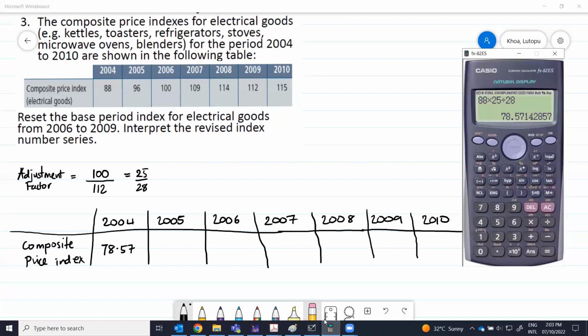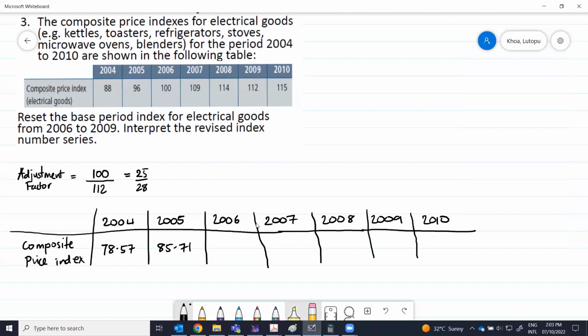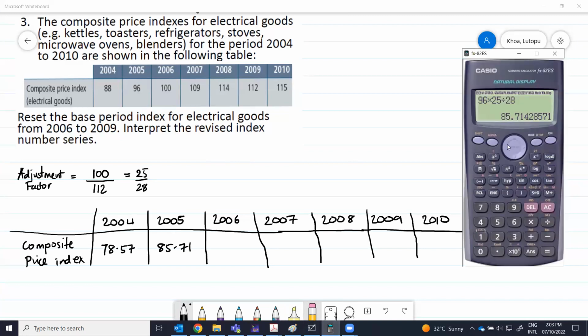Then our next one, 96. This is 85.71. Then 100. This is 89.29.